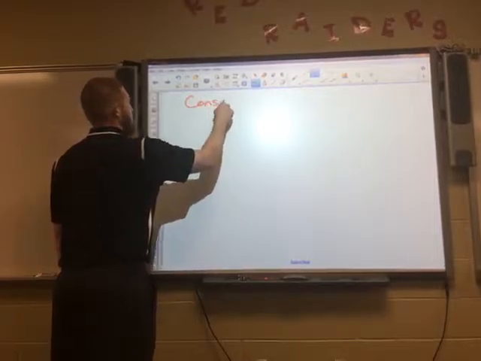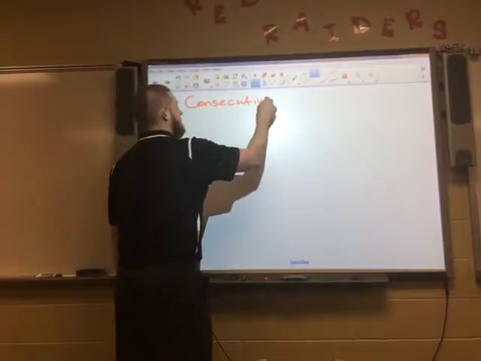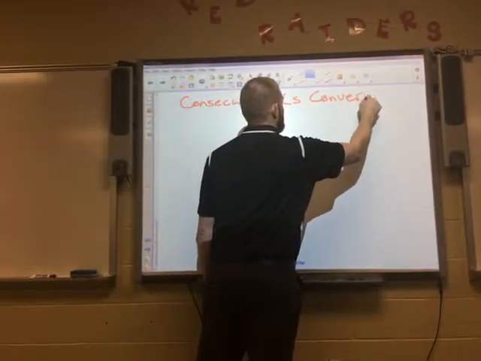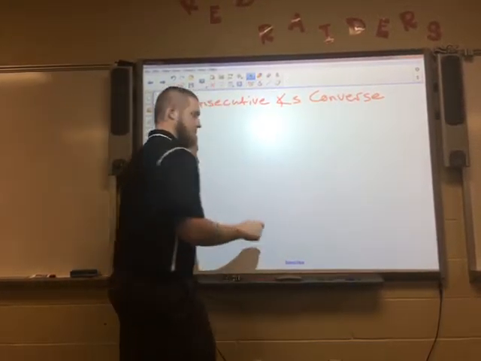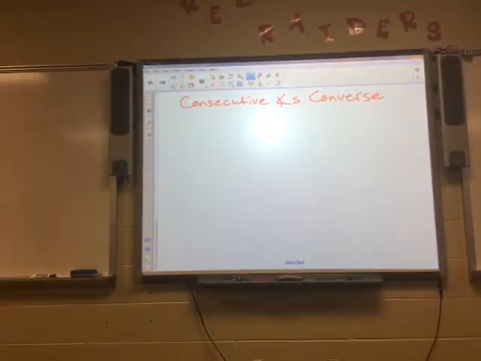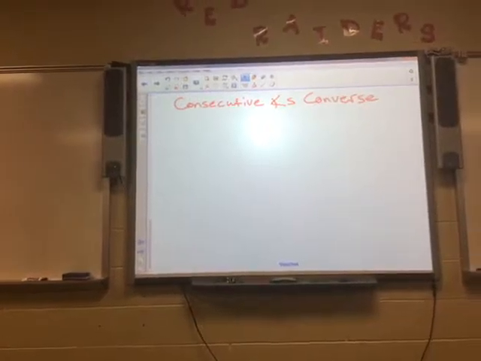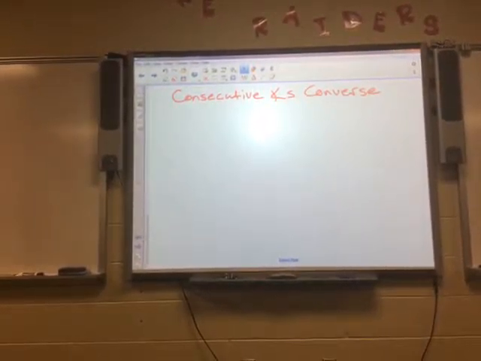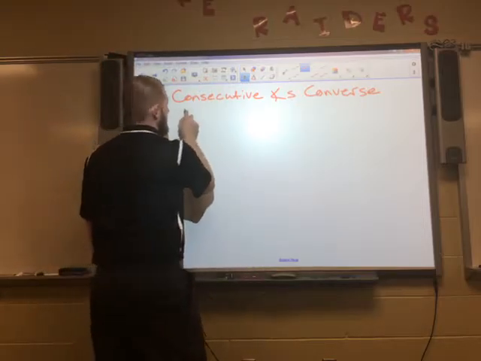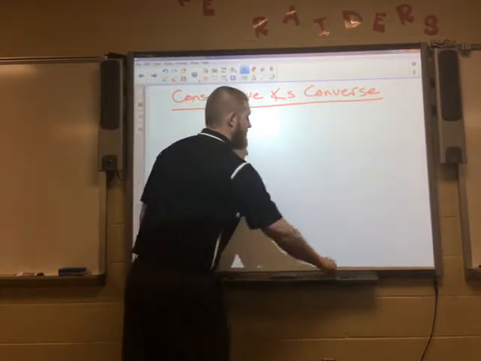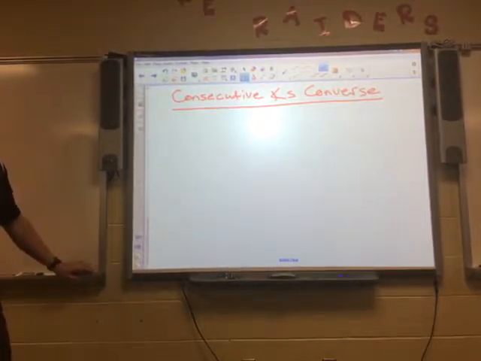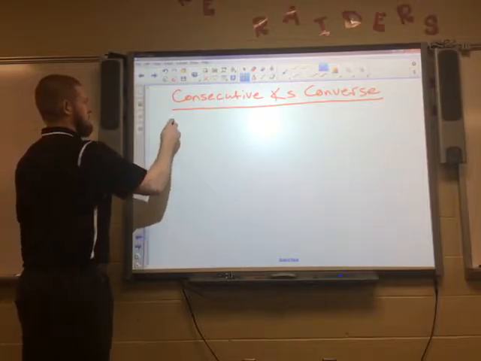The next one is consecutive angles converse. Which we know, if it's a parallelogram, what do you know about consecutive angles? So they're supplementary. Okay, this is going to say just the converse.